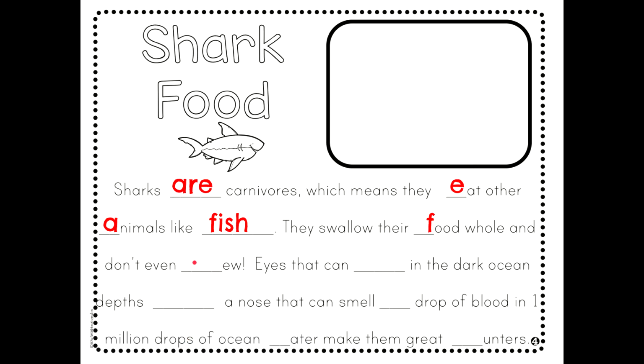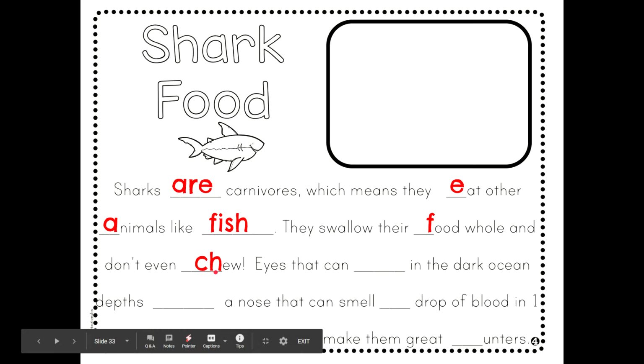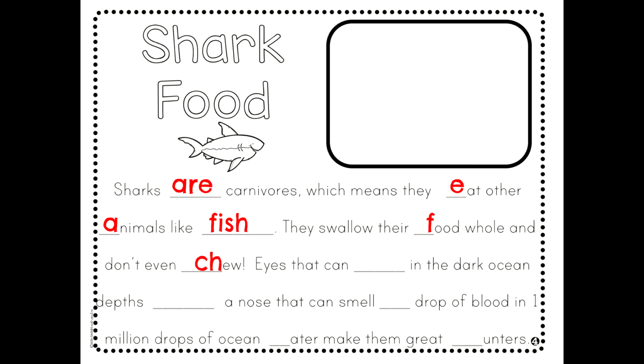Ch, ch, ch. C-H. C-H makes the ch sound. So sharks swallow their food whole and don't even chew. That's crazy because they have so many teeth. That's surprising to me that they don't chew their food. They just swallow it whole.